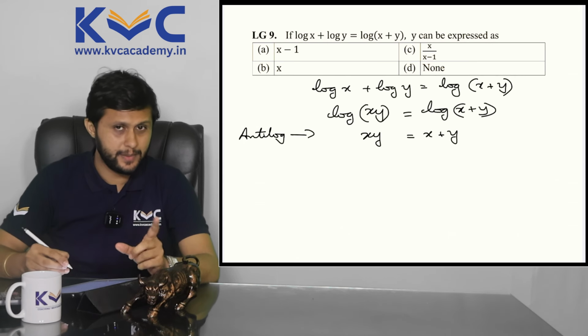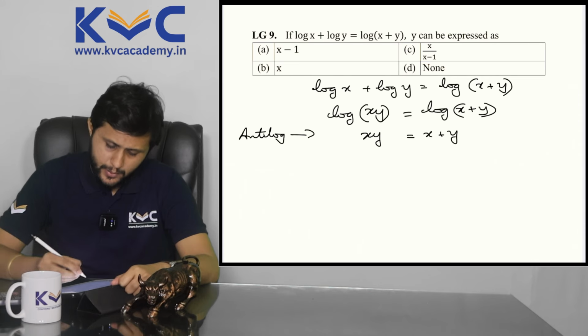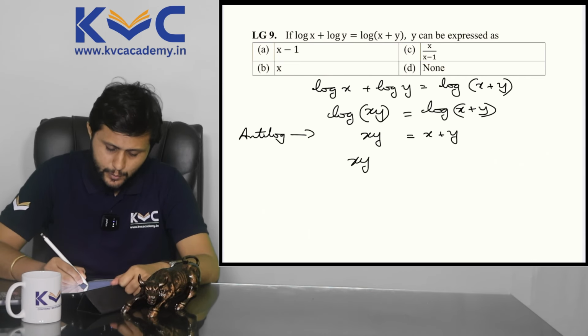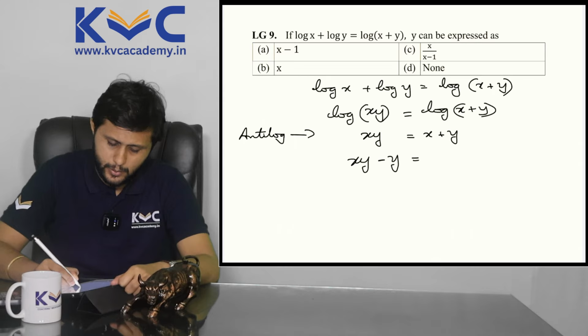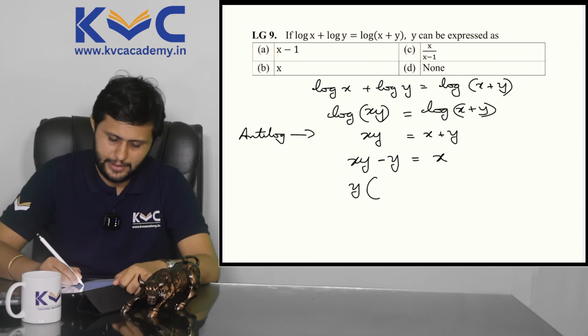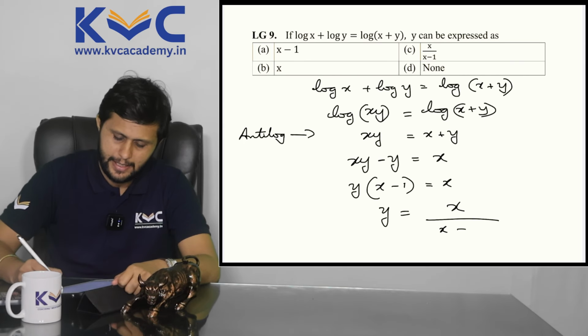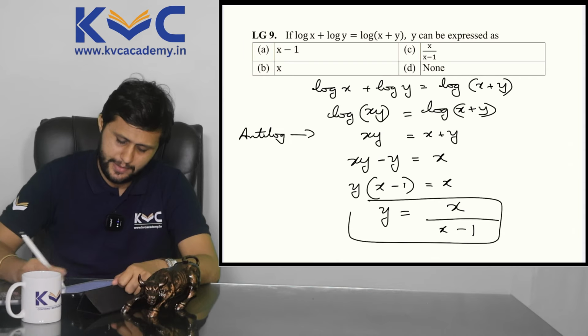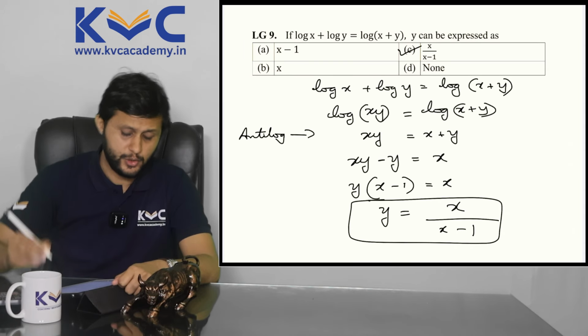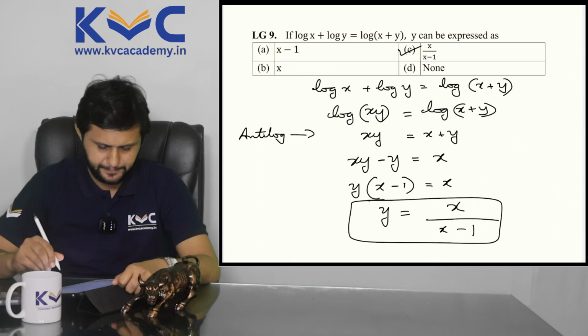More on equations in chapter 2. But I'm sure you know how to solve for y over here. Get y on one side. xy minus y equal to x. y is common. Factorization. y times (x minus 1) equal to x, and y is equal to x divided by x minus 1. Do we have that option? We should, and it is there. Option C is the right answer.